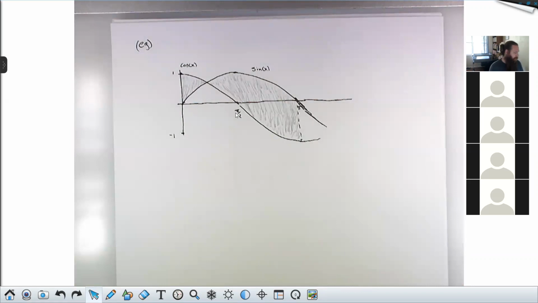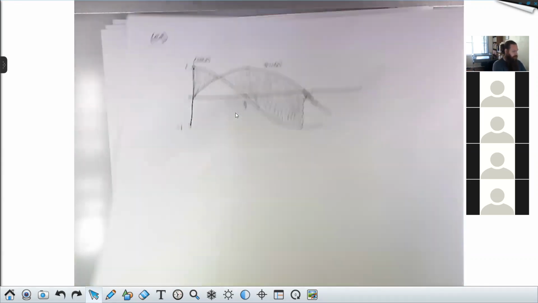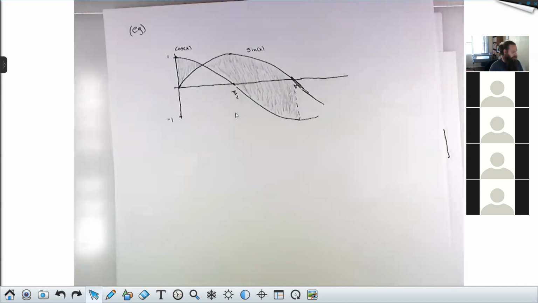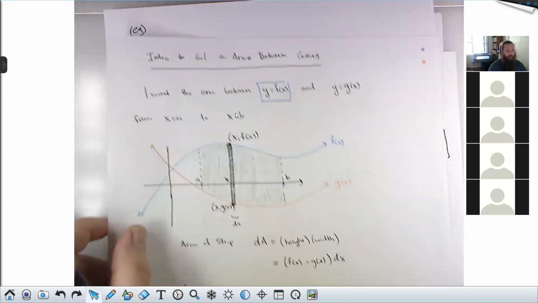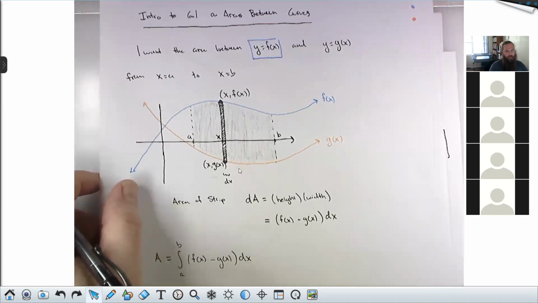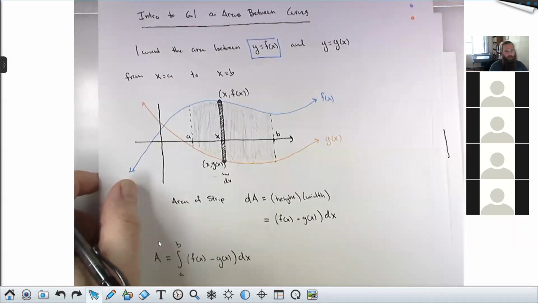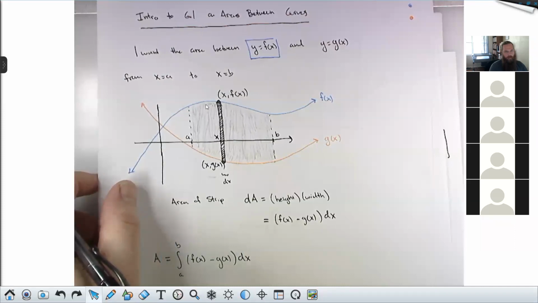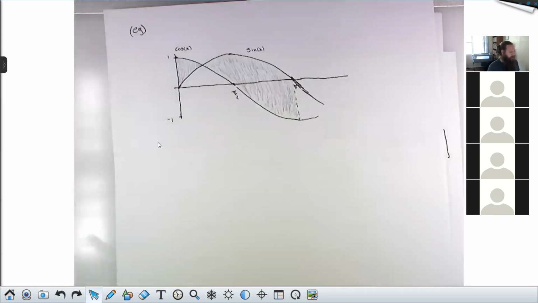So the recipe that we had said, to find the area between two functions, f and g, you take the upper function minus the lower function, and you integrate from a to b, right? Integral from a to b of upper f minus lower g. But here they swap places.